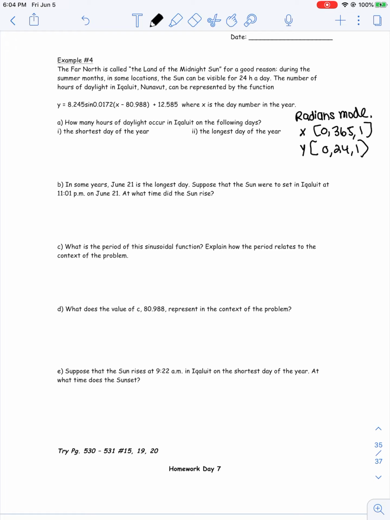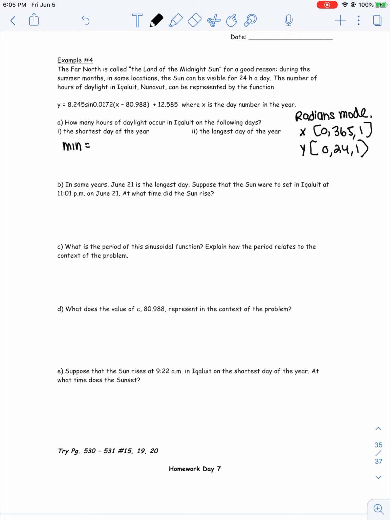So when you graph this, they want to know the shortest day of the year. They want to know how many hours of daylight occur in Iqaluit on the following days. So the shortest day is like your minimum value.